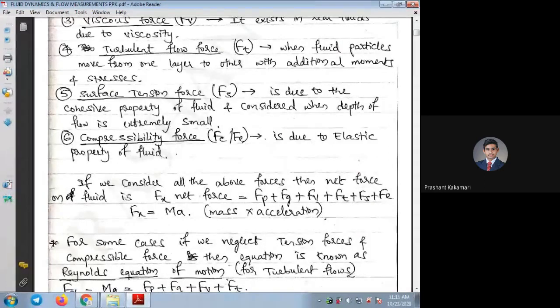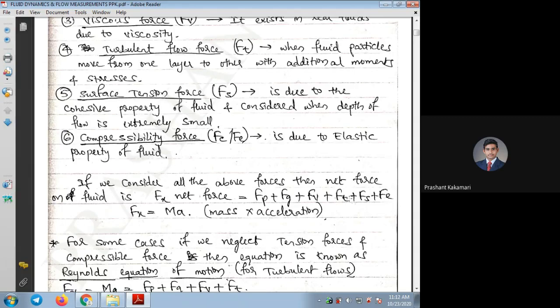So if we consider all the forces which are responsible for the fluid movement, for real fluids we are not going to assume any forces to be negligible. In such cases, we can write it as the sum of all the forces, that is pressure force, gravitational force, viscous force, turbulent force, surface tension force, and the compressibility force.